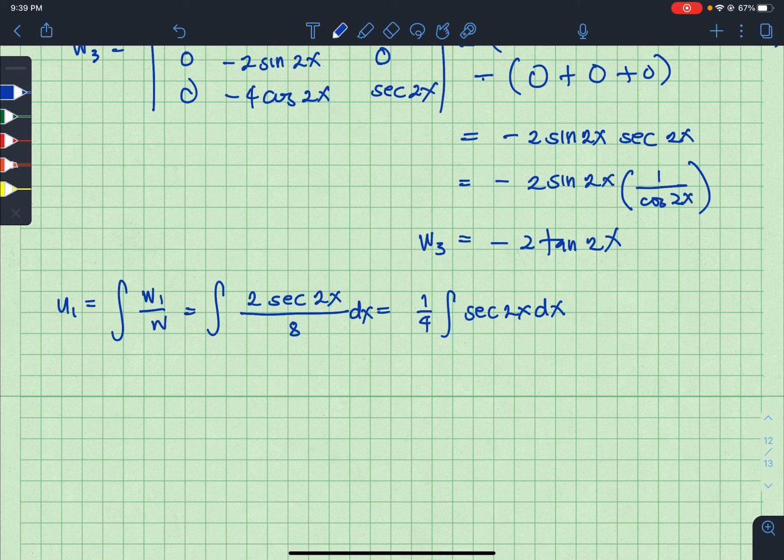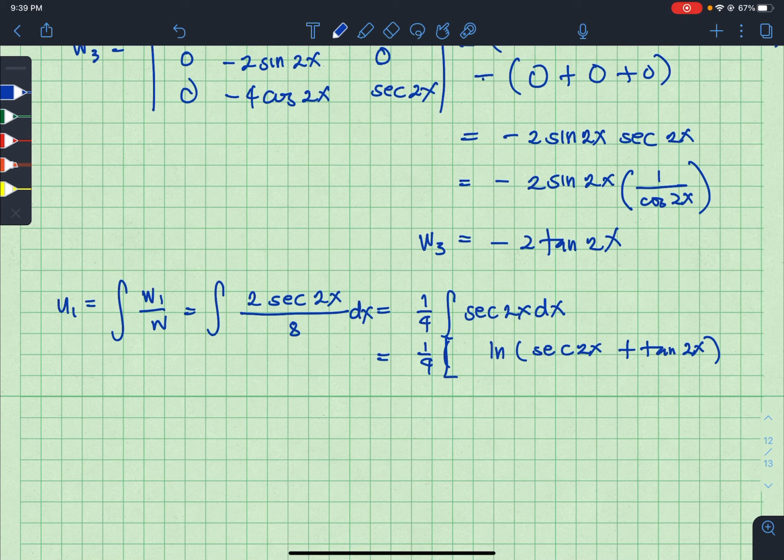So this is 1/4 times the integral of secant, which is ln of secant 2x plus tangent 2x.